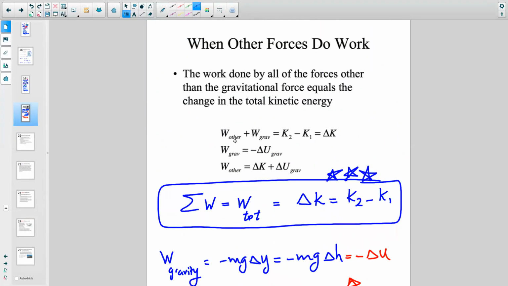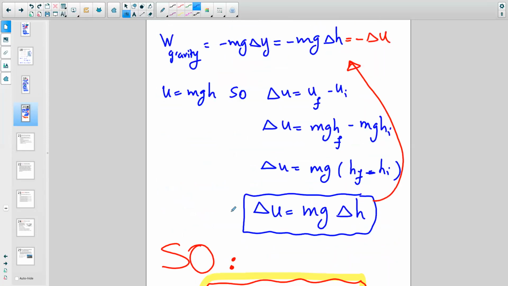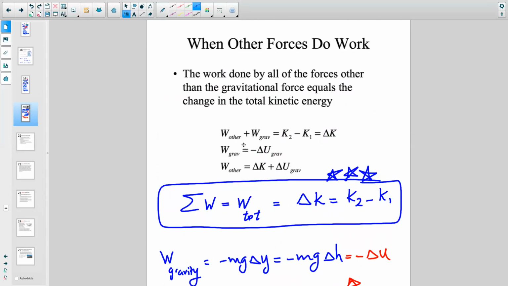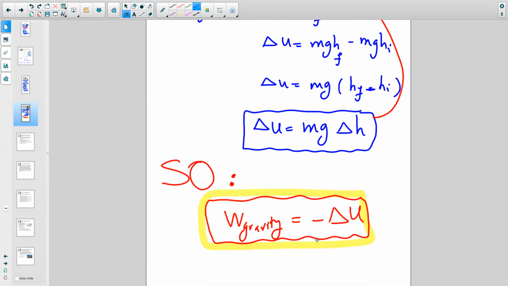So I have total work being delta K. If you add all the works of all the forces, it will be the change of the kinetic energy. Now, if I want to write down the total work, it will be the work done by gravity plus the work done by the other forces involved. Okay, let's say the force that you apply on an object, and that is equal to K2 minus K1 or delta K. Now I can write this work done by gravity as this, as I have already proved down here.